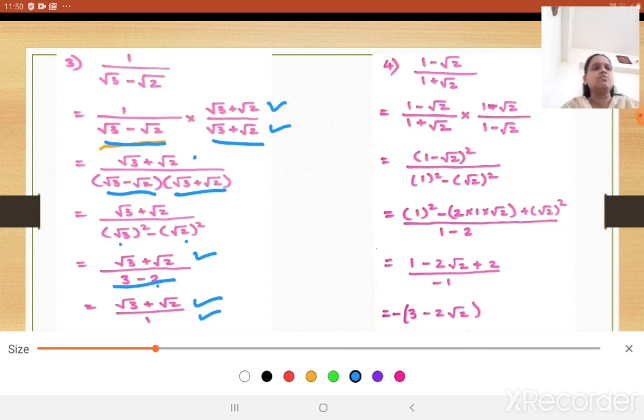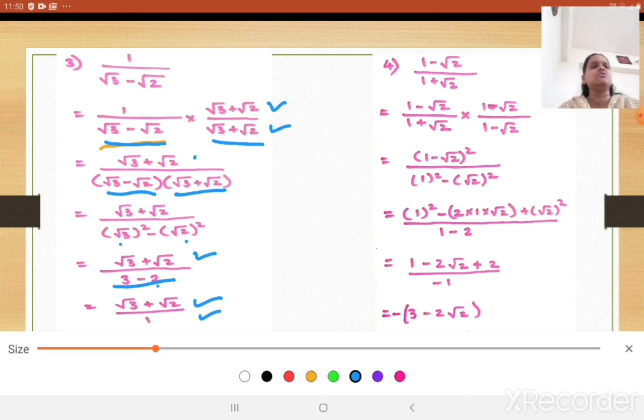Let us see one more sum related to this concept. So the fourth sum is 1 minus root 2 upon 1 plus root 2. Please remember, I have taken this sum particularly because in the numerator also that type of number is given, as well as in the denominator. So what will you take? You will take the conjugate of numerator or denominator?